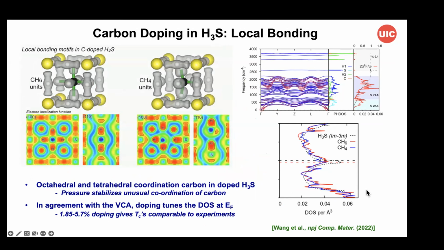We found that, in fact, pressure and chemical composition in this system can stabilize carbon in octahedral coordination by hydrogen, which is quite interesting. And there are parallels to the molecular ions that you can make and observe at ambient pressure.